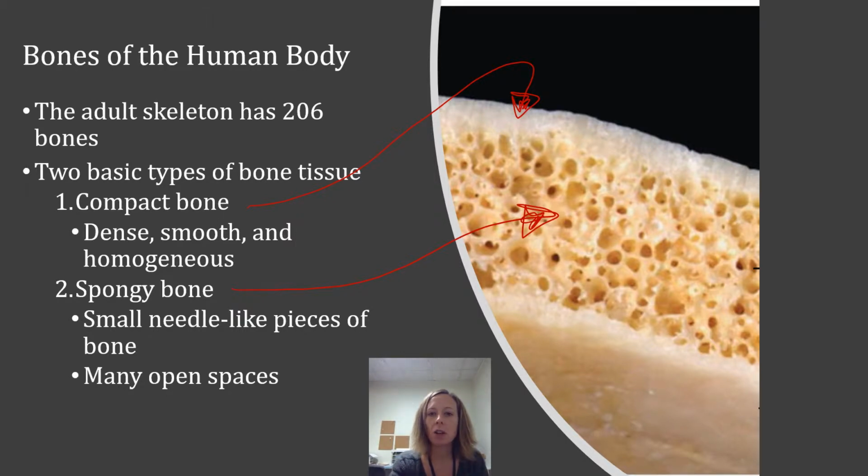Our spongy bone has all these little holes in it. Your book says it's small needle-like pieces of bone, but really it's these holes. It almost looks like a sponge, like you'd use in the kitchen. That's why it's called spongy bone. Spongy bone is actually lots of times filled with our red bone marrow. It also has many open spaces and lets bone be lighter.